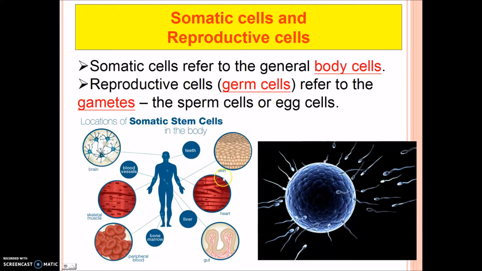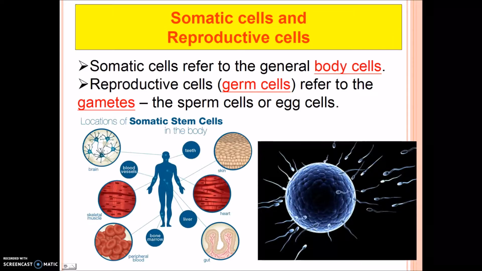For these two types of cell, why do we need to understand them? Because for mitotic cell division and meiotic cell division, the daughter cells produced are different.